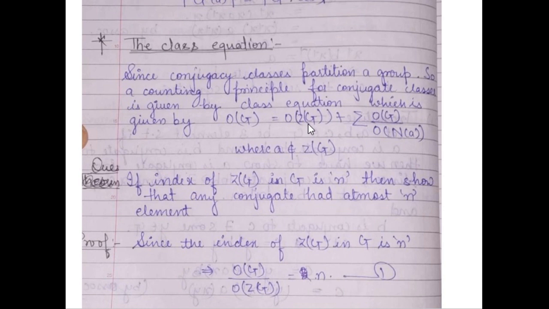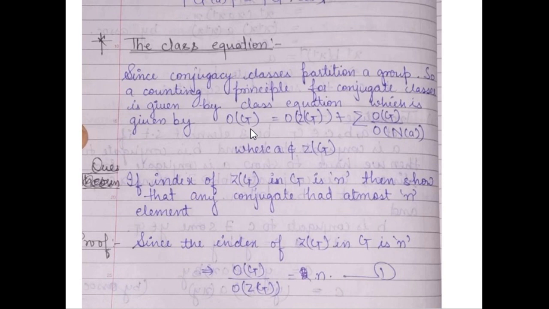Here Z(G) is the center of G and N(A) is the normalizer. We have discussed both things in my previous lectures: what is the center of a group and what is the definition of the normalizer of a group. You can put below this summation A not belonging to Z. So this type of thing is called the class equation.